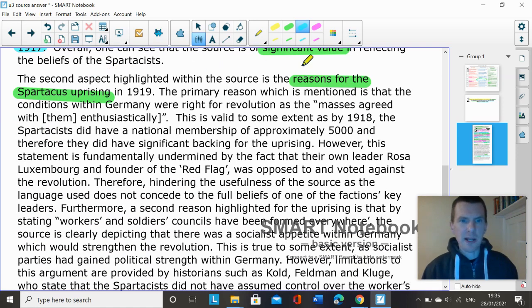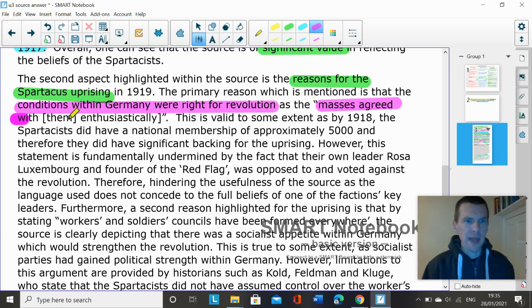The second aspect highlighted in the source is the reasons for the Spartacus uprising in 1919. The primary reason, which is mentioned, is that the conditions within Germany were right for revolution, as the masses agreed with them enthusiastically. So here, understanding of the source.